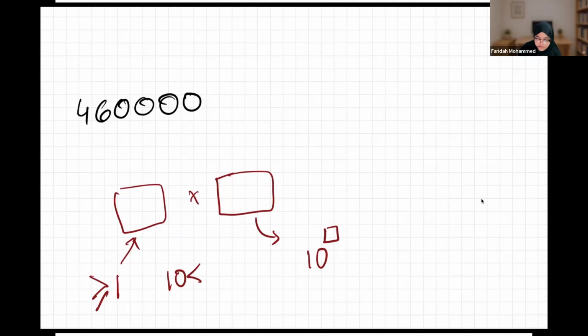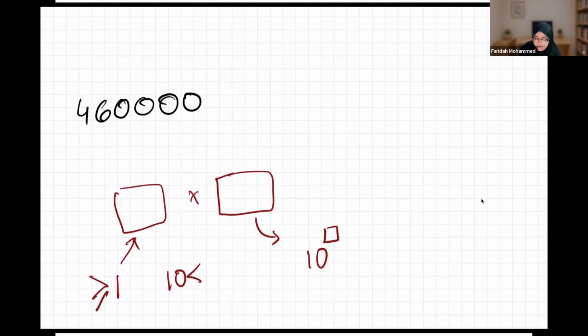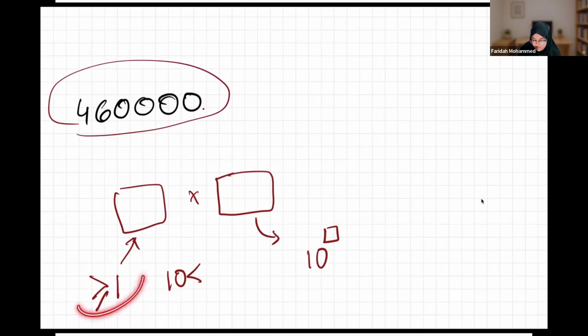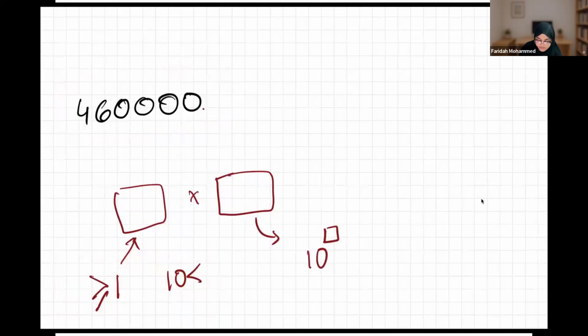Here you see no decimal point, but you can understand there's probably going to be a decimal point here, right? So you're going to make this number more than 1, less than 10. You bring the decimal point, 1, 2, 3, 4, 5.